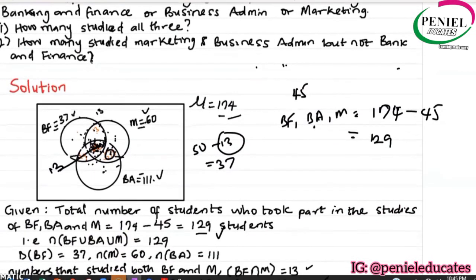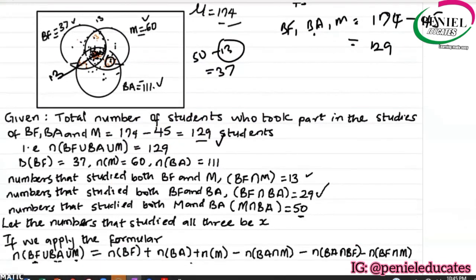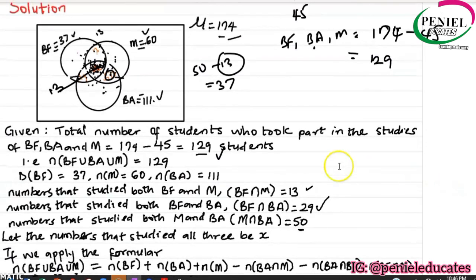So we have 45 students who did not study, so we subtract it from the 174, and that gives us the 129 students that study the subjects either as individuals or as combinations.